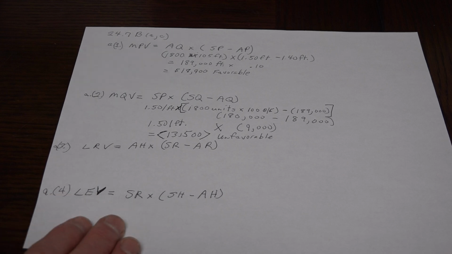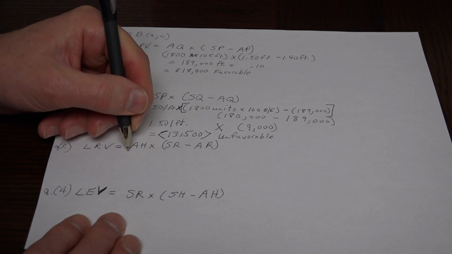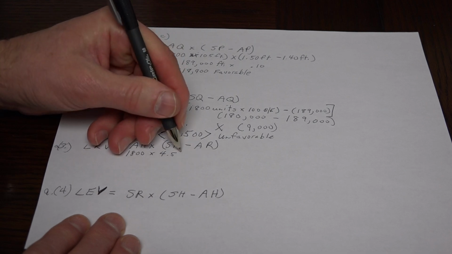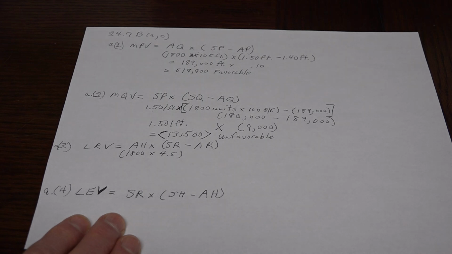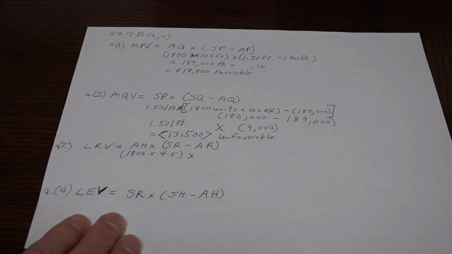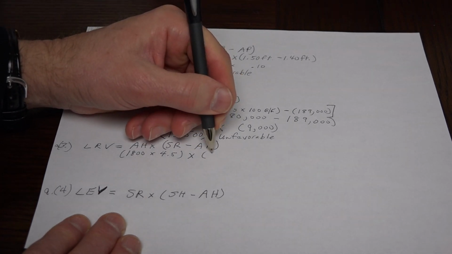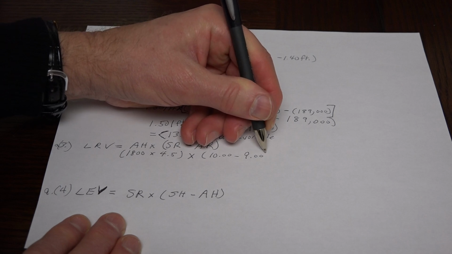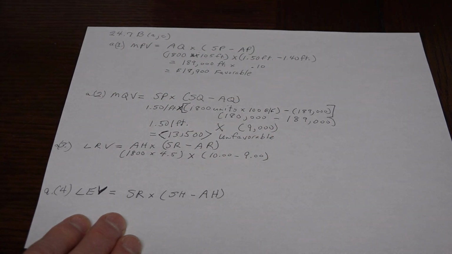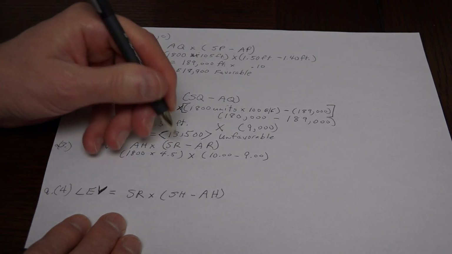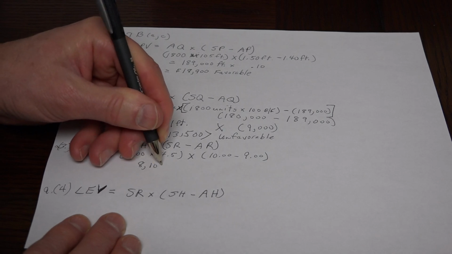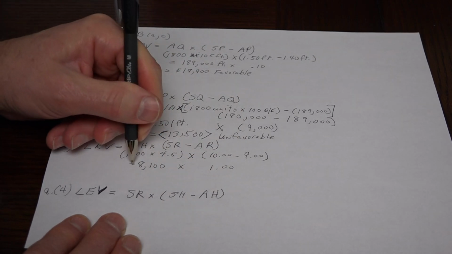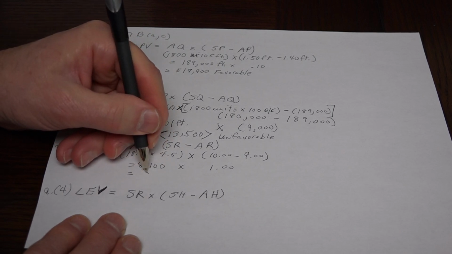So let's just run the numbers. Actual hours is going to be 1,800 units times 4.5 per unit, and you're going to multiply that times the standard rate of 10 minus actual rate of 9, and so 1,800 times 4.5 is 8,100, and you're going to multiply that times $1, so you're going to come up with $8,100.